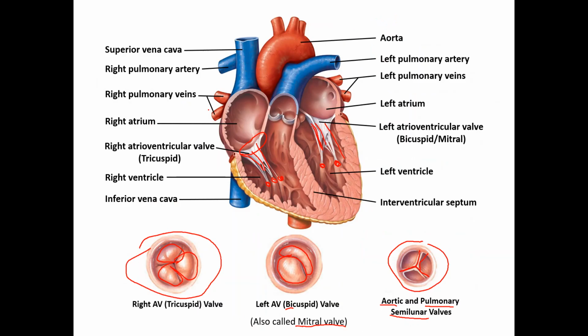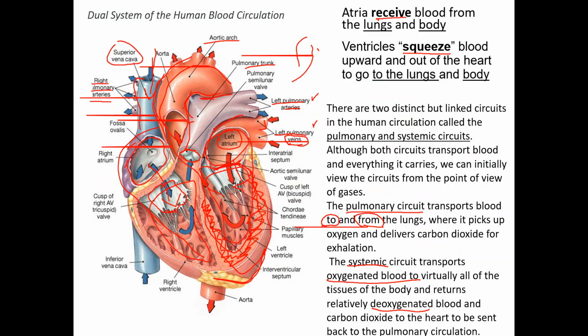Okay, for instance, let's go back here to our circulation picture. It's a little bit busy here, but see how when you pump the blood from a ventricle into here, if it's unoxygenated, this will be the pulmonary artery, or into the aorta.